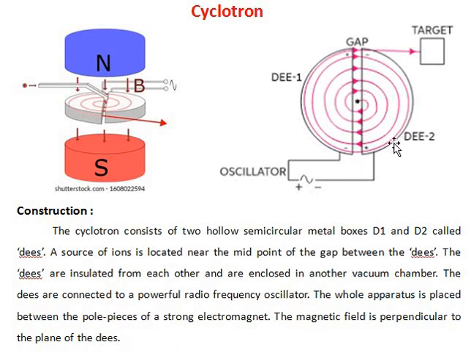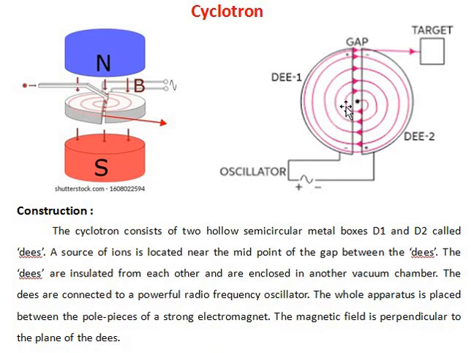Now when the particle is emitted, suppose it is a positive ion, then D2 is negative. In this gap, it is attracted towards D2 and due to the applied magnetic field it makes a circular motion. After making a circular motion, it enters into D1.